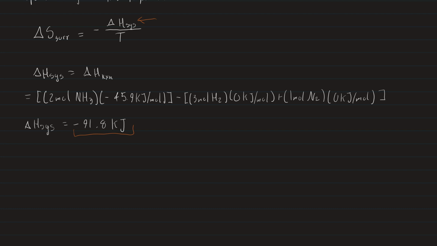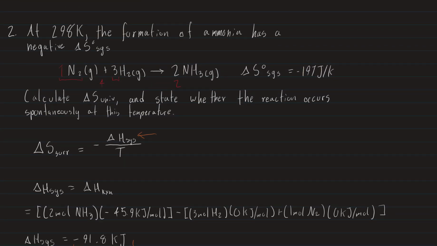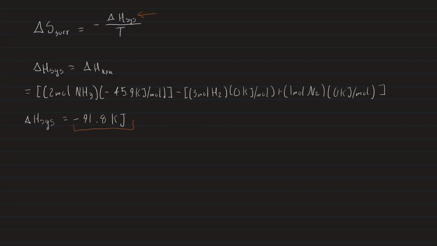So we have that for the equation, and then if you remember from our problem, we have the temperature as well. It is in standard condition, so that's why it's at 298 Kelvin. So now that we have that, we can finally plug it into our equation. Back to the equation: change in entropy of the surroundings is equal to negative negative 91.8 kilojoules.